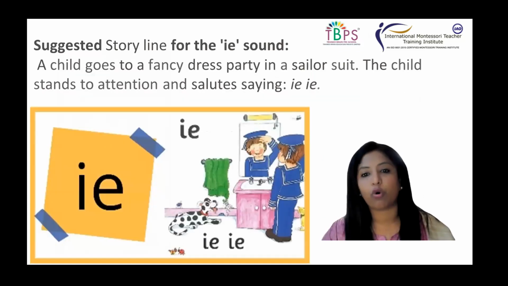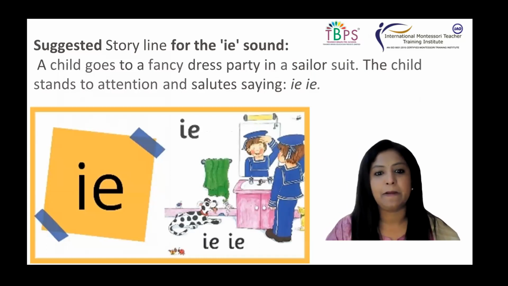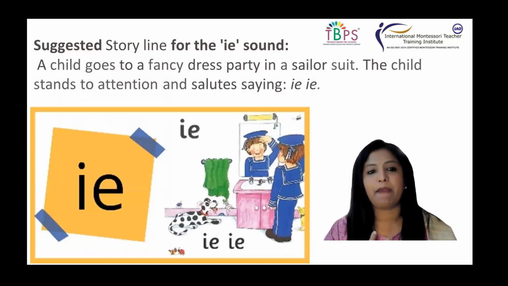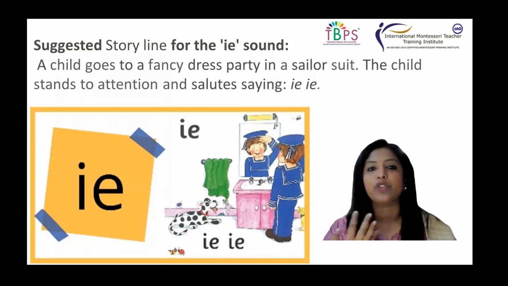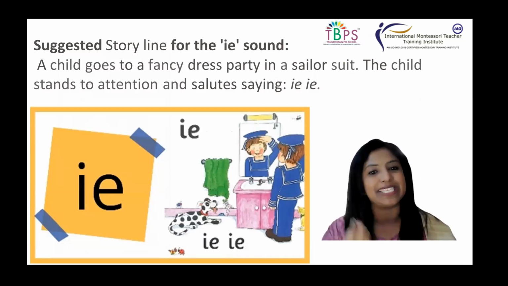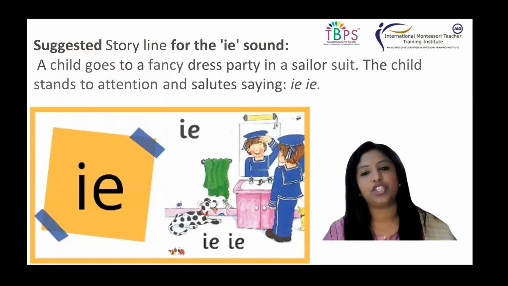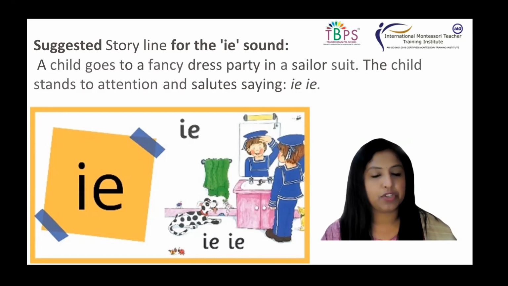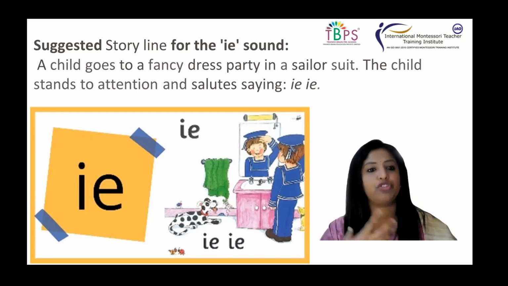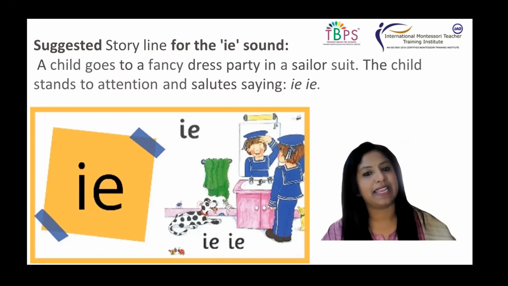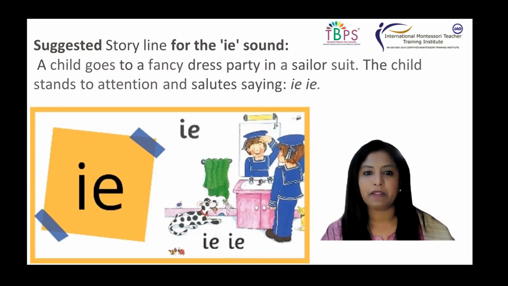Now, what is the story that I have for this? Just imagine there was a fancy dress party and the child wanted to participate in this fancy dress. So what do you think the child was fascinated about? The child was so fascinated about being a sailor. So the child goes to the mother and asks, can I dress up as a sailor? And then the mother or the father says, yes, you can.